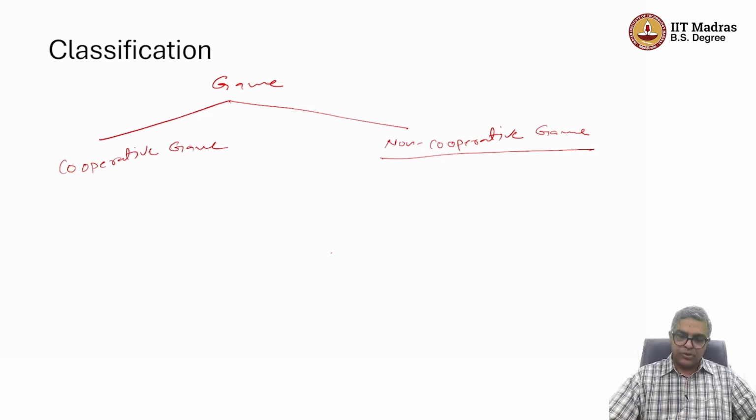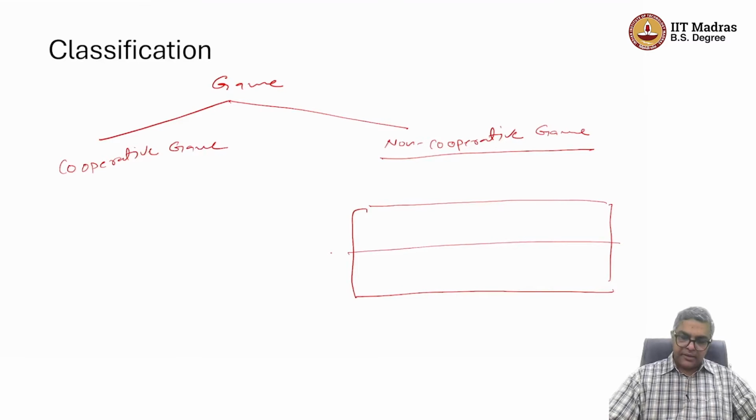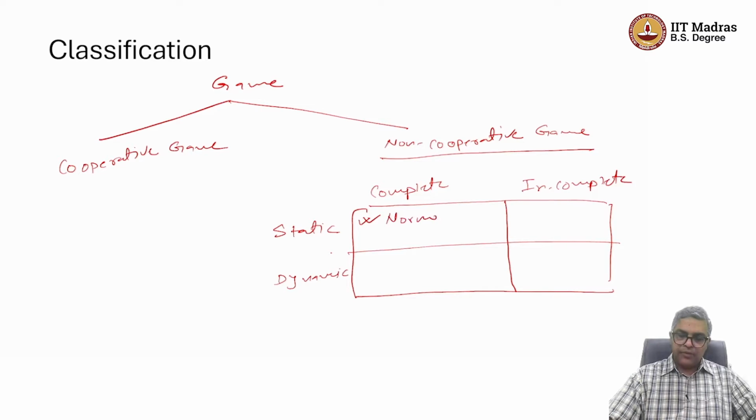If we put both together, we can make a table, and here is a table. Here we can say static versus dynamic, and here complete versus incomplete information game. So, in this box what we have is normal form game with complete information.